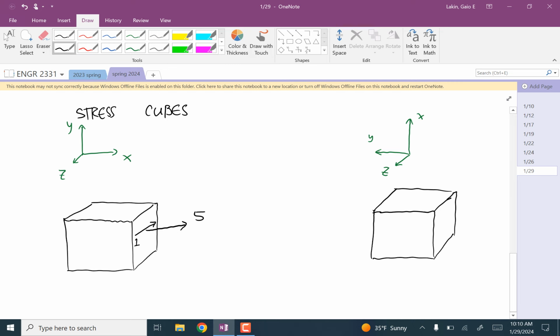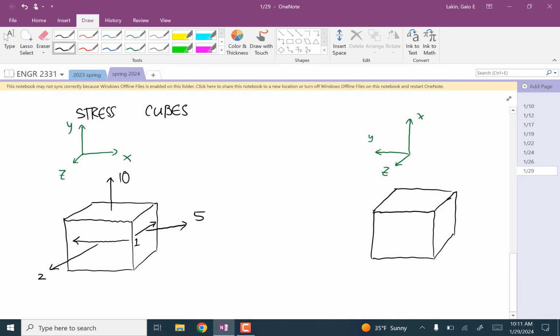Okay? On the y face, we only have positive 10. Because of symmetry on the z face, we have this one that's positive 1. And we have 2 positive like this.